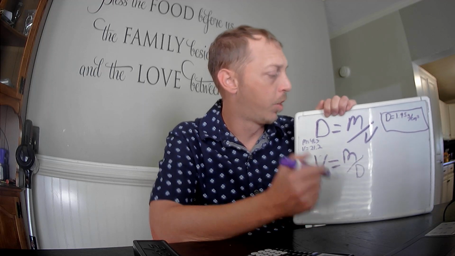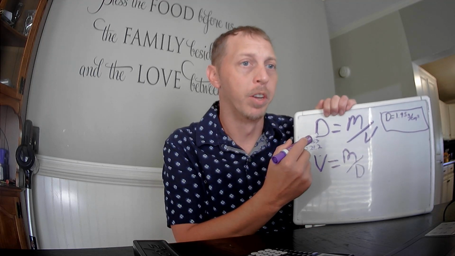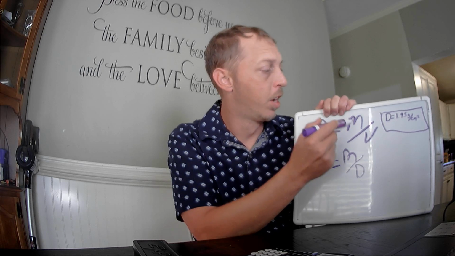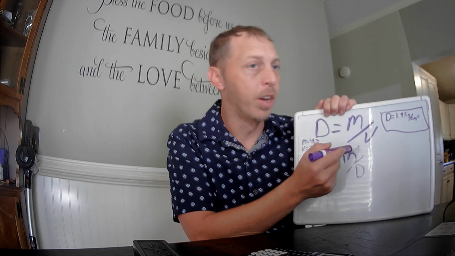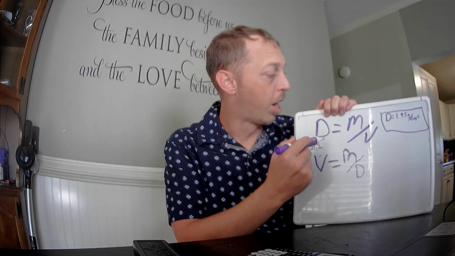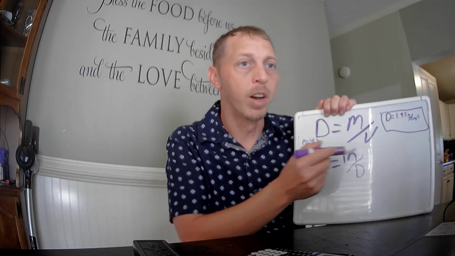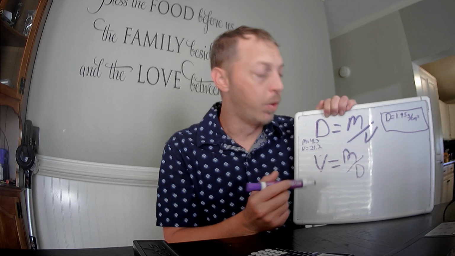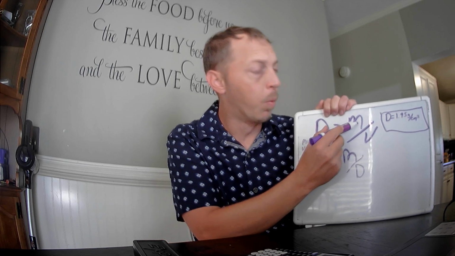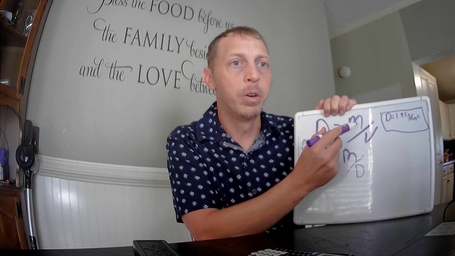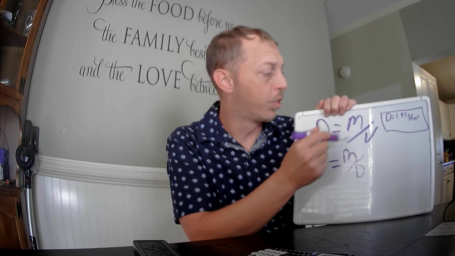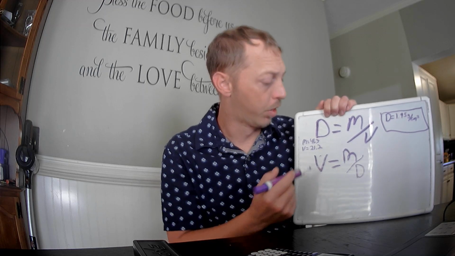Oftentimes in math, you'll have equations that are very similar to this, where you have one measurement on one side and then something divided by something else, right? So you'll have these, like density, D equals mass divided by volume. All right, when you have equations like this, just remember that whatever's on top, whatever you're dividing, you're still going to divide, even if the equation's moved around a little bit like this.